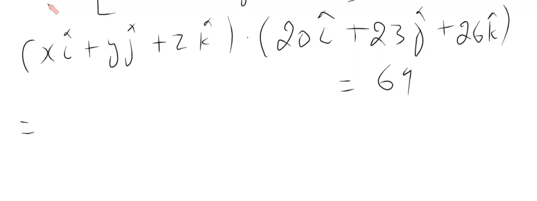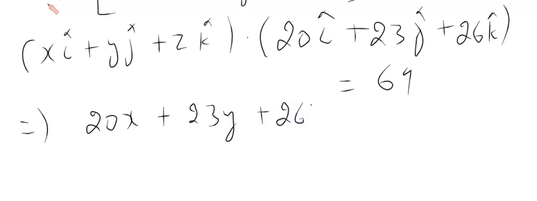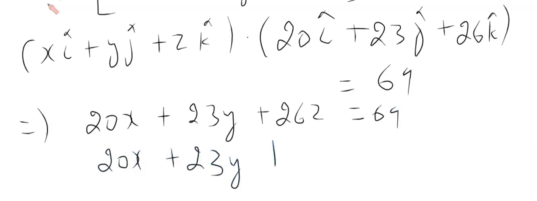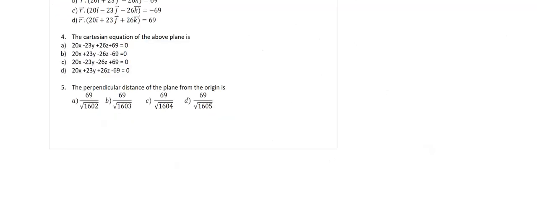So this reduces to 20x plus 23y plus 26z is equal to 69, or 20x plus 23y plus 26z minus 69 is equal to 0. Let's see which option is correct. So we can see that option D is correct. 20x plus 23y plus 26z minus 69 is equal to 0. So option D is correct.